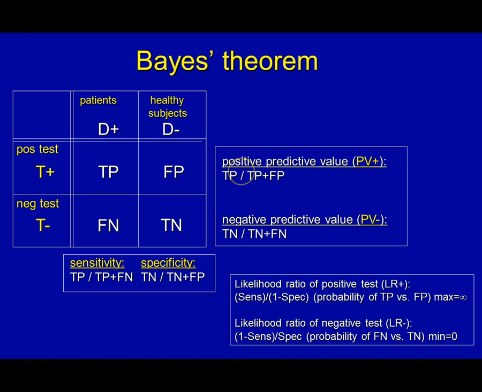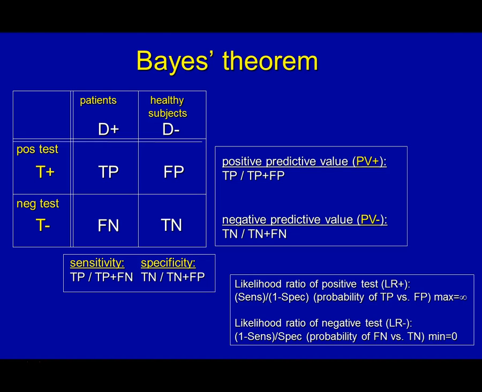When a test is negative, a doctor would like to know whether the outcome is really negative, whether it's real health. And this means that we would like to calculate the number of true negatives as a proportion of the total negatives, and this means true negatives plus false negatives.